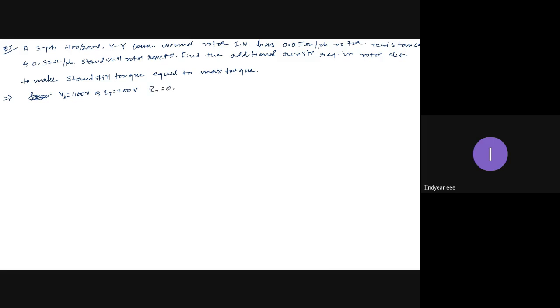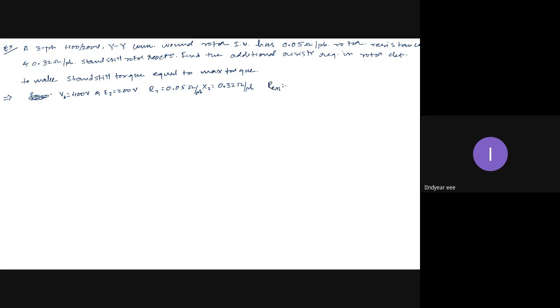R2 is 0.05 ohms and X2 is 0.32 ohms per phase. When I write R2 and X2, they are per phase only by default. Okay, then what should be the R external?